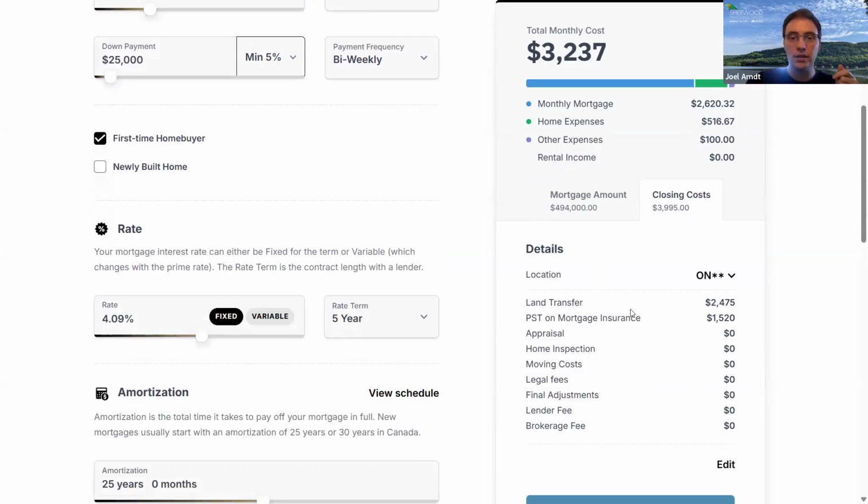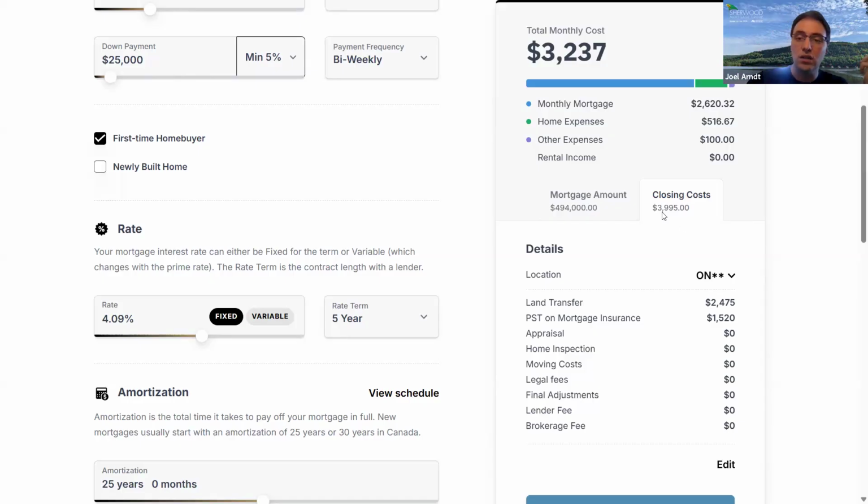So in this case, your closing costs are the provincial sales tax on the default insurance premium, the land transfer tax, also legal fees. When I'm running calculations for my clients, I always estimate $2,500 in legal fees. I don't know what they're actually going to be. Could be more, could be less. I've seen less, I've seen higher. That's usually about the middle.